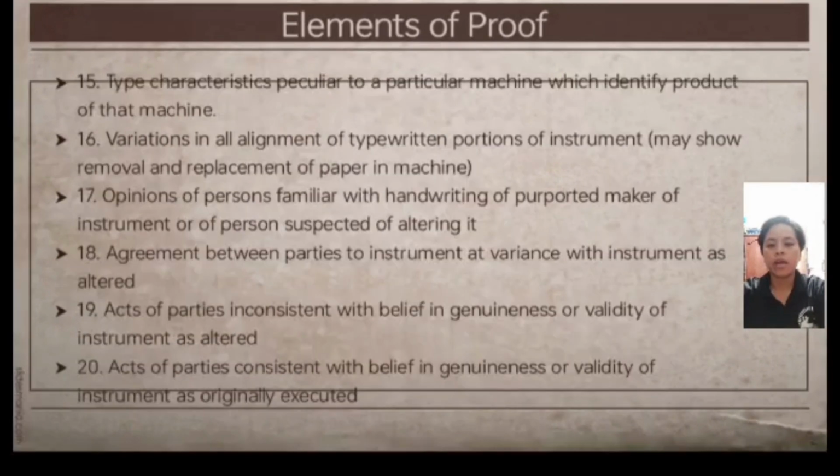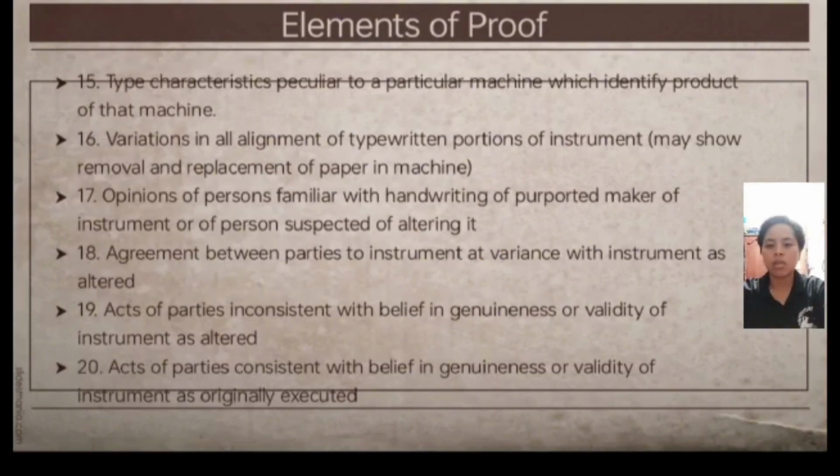Number 15. Types of characteristic peculiar to a particular machine which identify the product of that machine. 16. Variations in alignment of typewritten portions of the instrument may show removal or replacement of paper in the machine. 17. Opinions of persons familiar with the handwriting of the purported maker of the instrument or person suspected of altering it. 18.